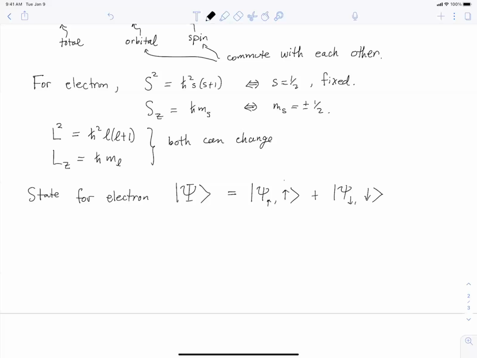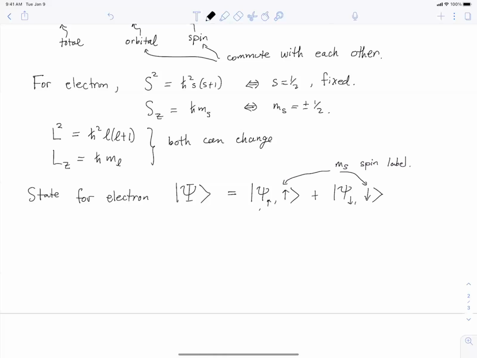Okay, so that last label there is the m sub s spin label. We could, of course, just write +1/2 and -1/2. That would be a perfectly sensible thing to do, but we're going to write up arrow and down arrow.